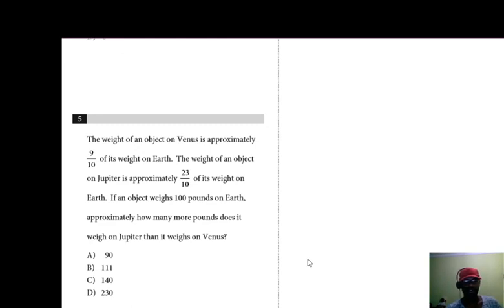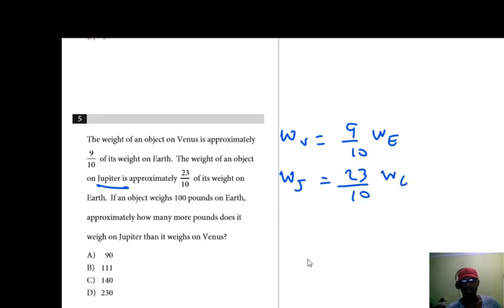The weight of an object on Venus is approximately this much on Earth. The weight on Venus is 9 over 10 of the weight on Earth. The weight on Jupiter is 23 over 10 of the weight on Earth.